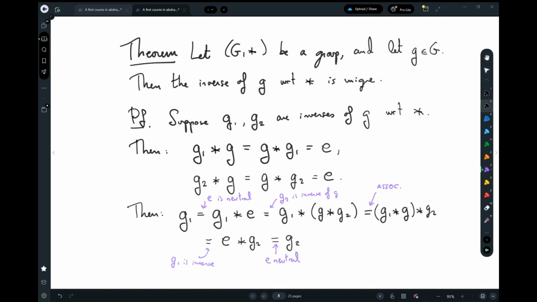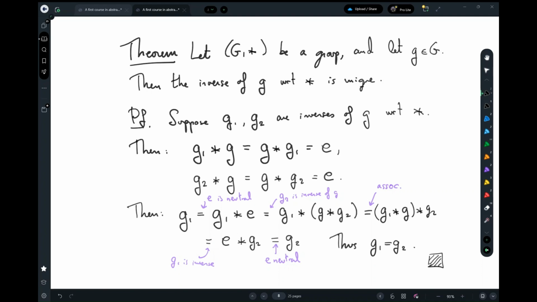And that's it. Now you see that we have that G1 equals G2, like I wanted. And as before, that means that there is only one possibility for an inverse. Great.